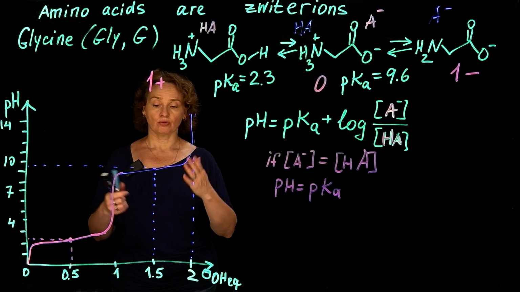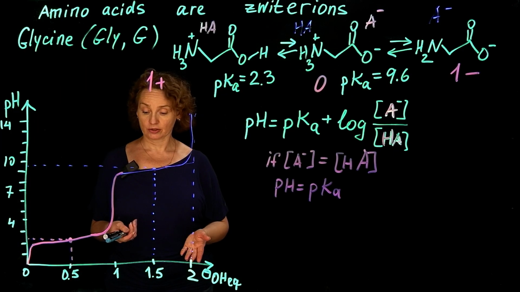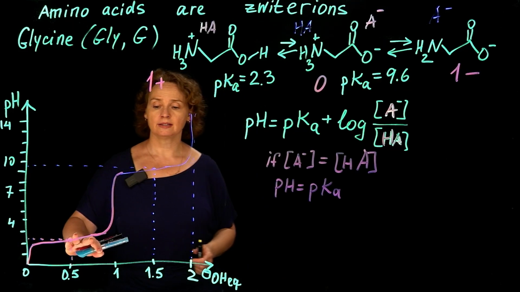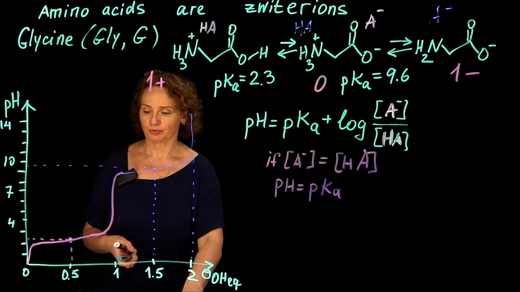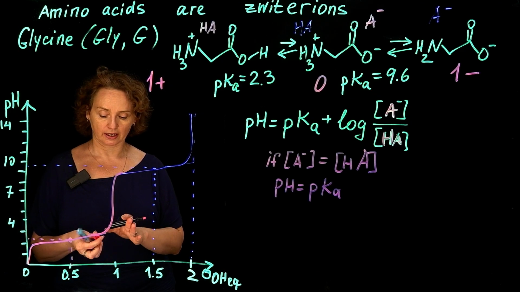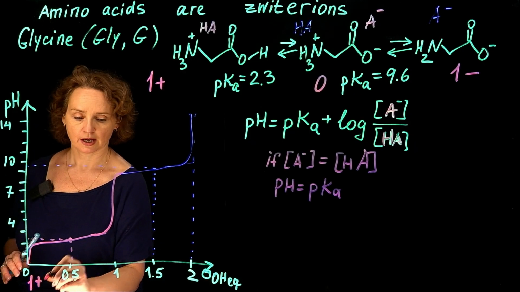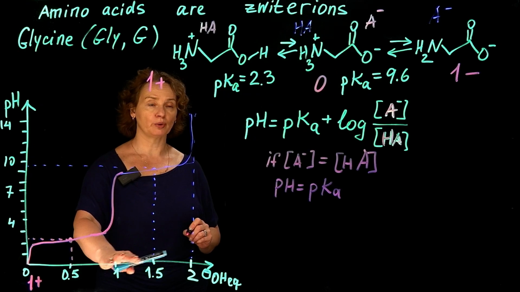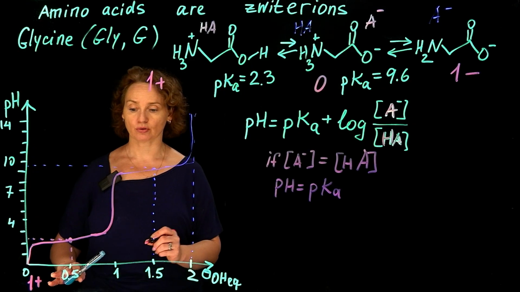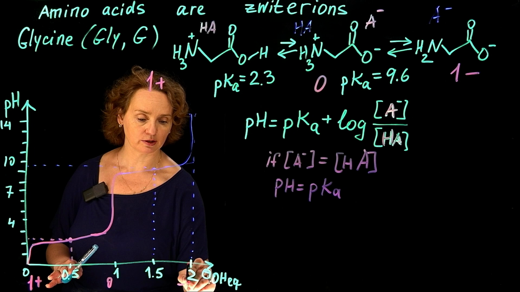Okay, so here another implication that you can discuss is that we can actually go ahead and put here the charges. So we start with 1 plus, and at some point we are having the charge of 0, and then minus 1.